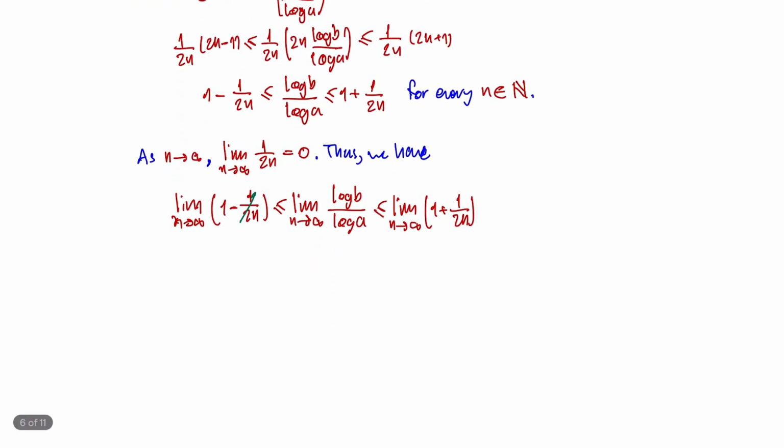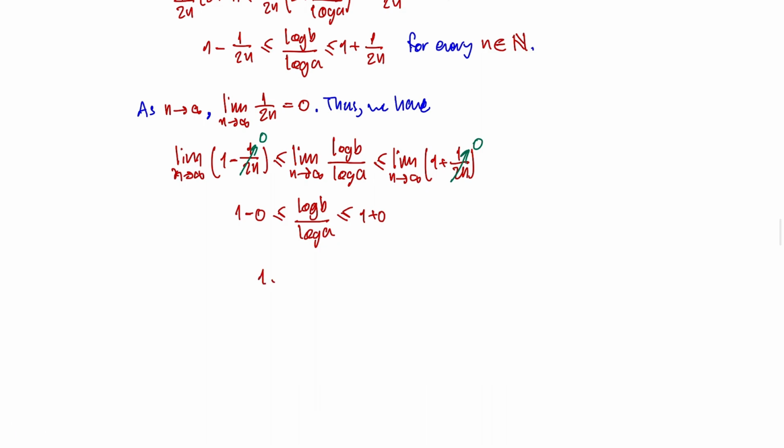This one approaches 0. This one approaches 0. So we have 1 minus 0 less than or equal to log b over log a, since log b over log a does not have n, less than or equal to 1 plus 0.